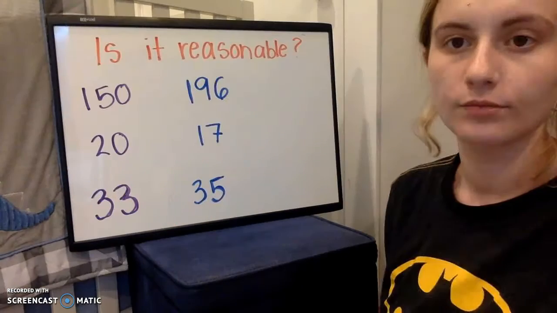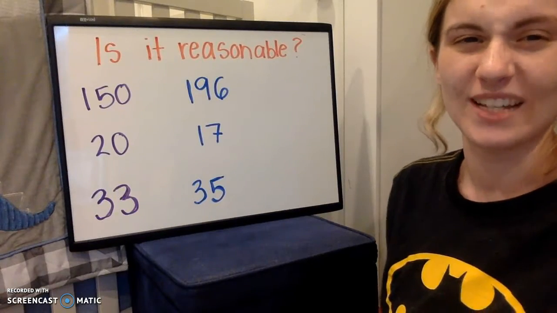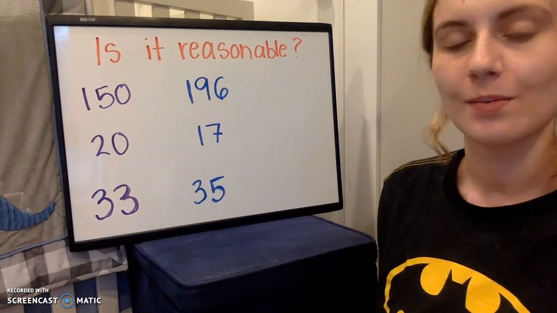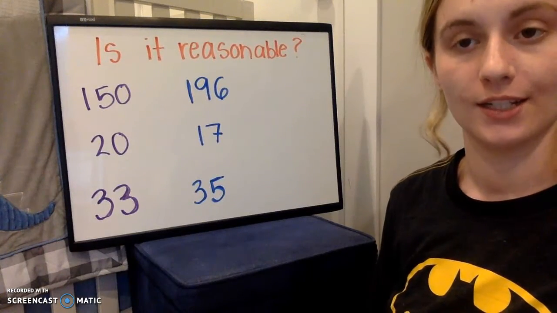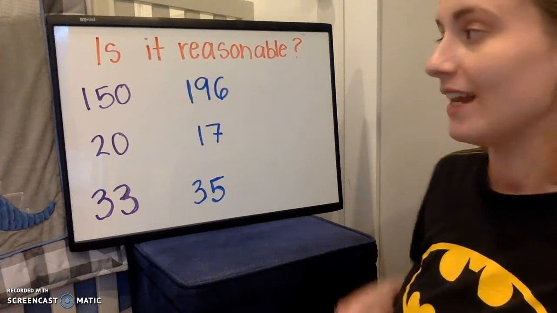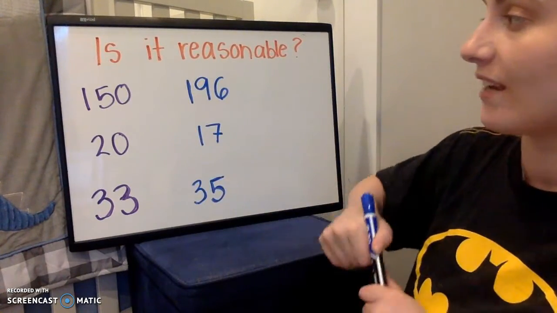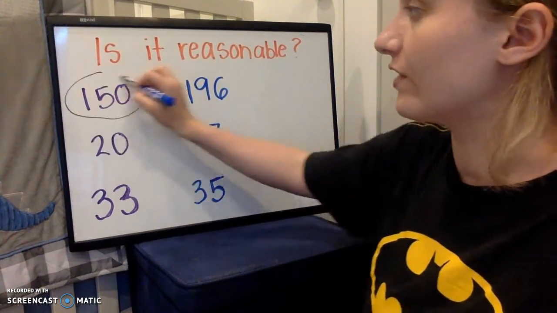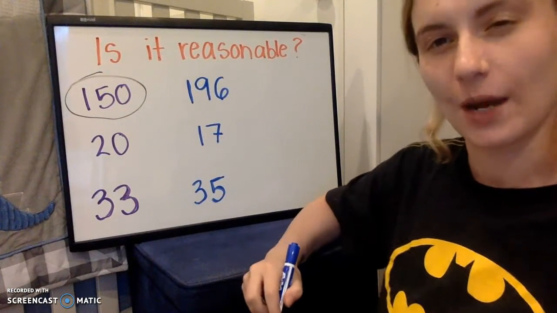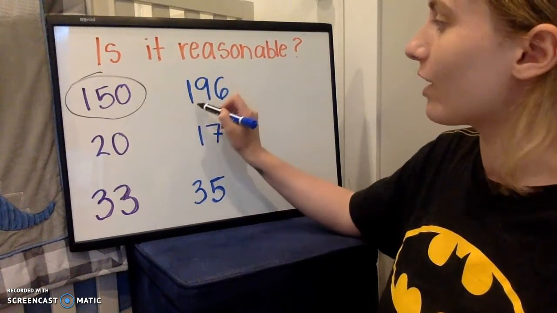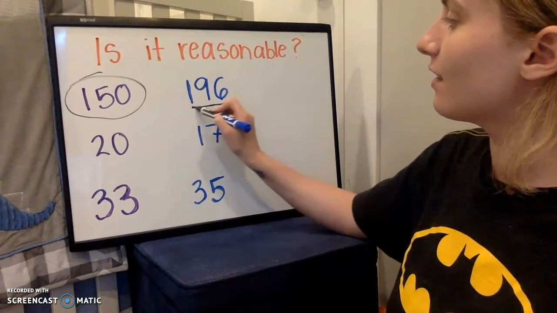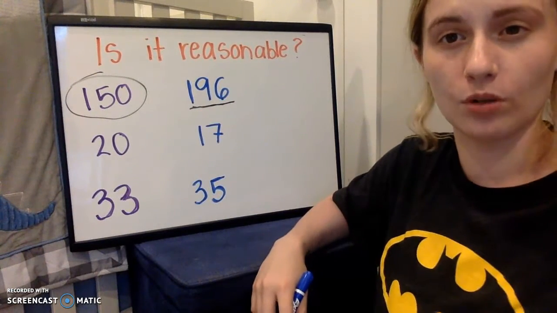Good job, guys. The last thing to talk about is those is it reasonable problems. I'm not going to make us do another 2-step and solve it all out. We're just going to talk about it. So for example, if the problem gave you their answer was 150, and you had to figure out if that was a reasonable answer, you would solve the problem. And if you got 196, would that be reasonable?